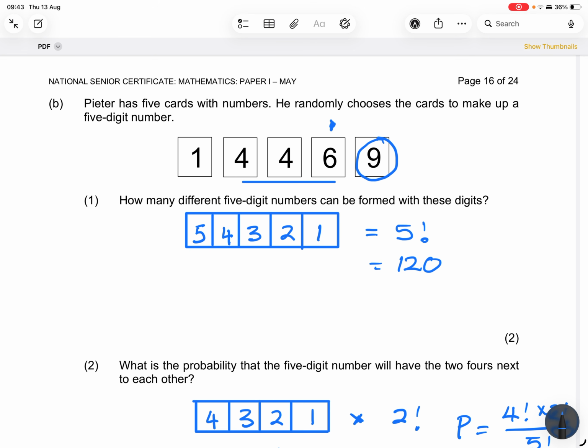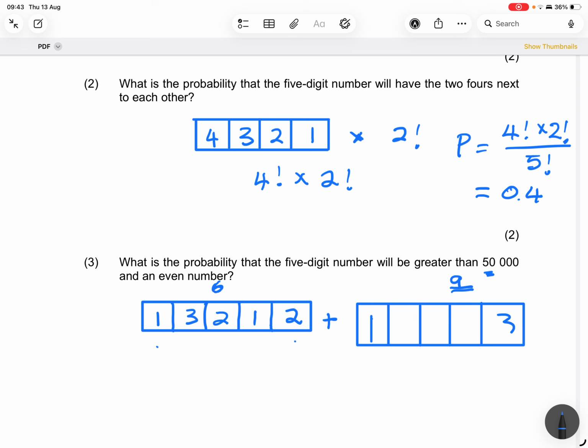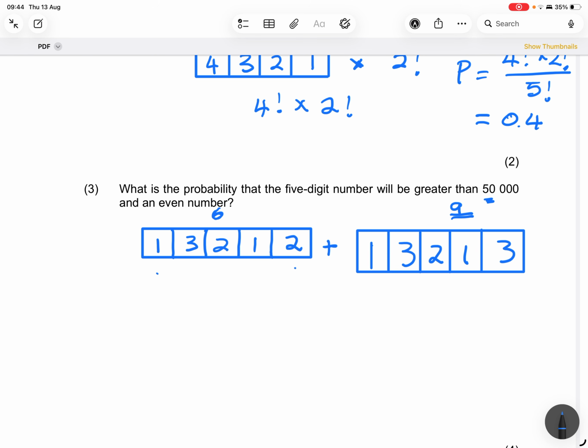I can choose from 3, right? So in that case, I've got 3 over here. Now I've chosen from 2. So how many numbers do I have? I've got 3 to choose from because it can be any of the ones that are left. I've got 2 to choose from. I've got 1 to choose from. So those are the combinations that I can have.